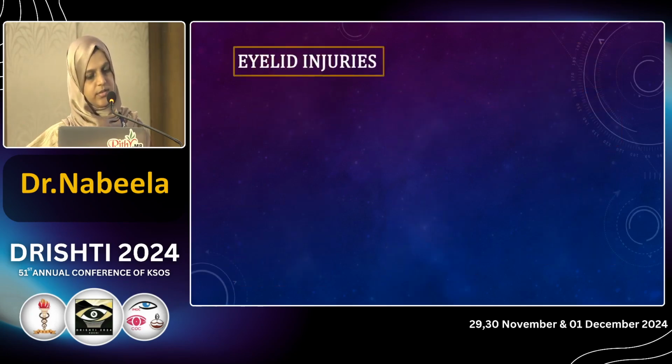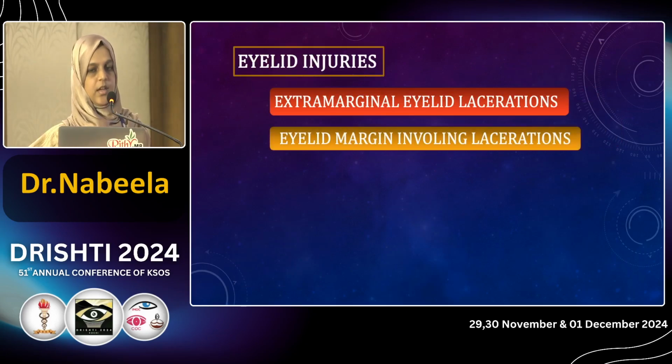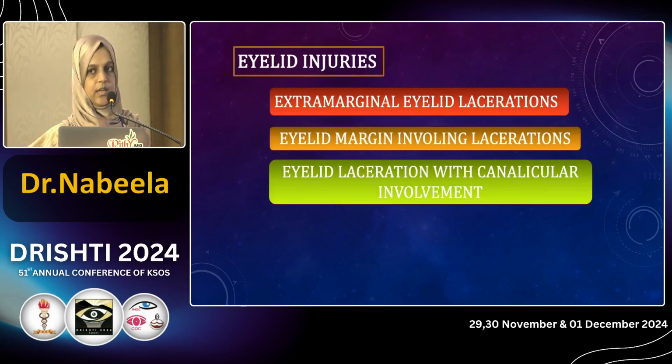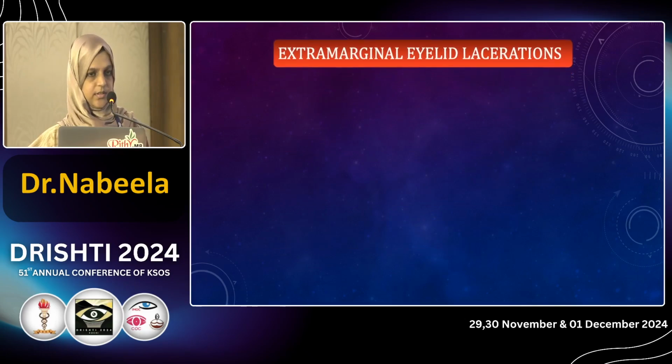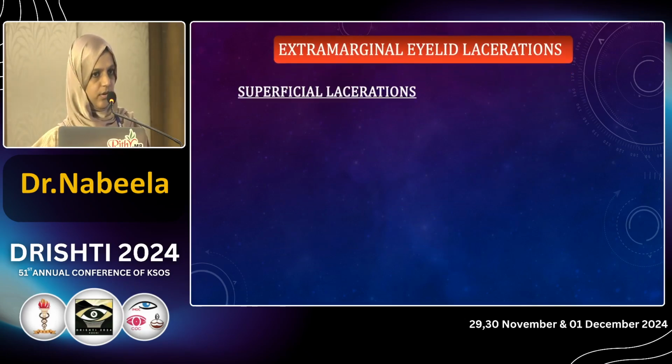Eyelid injuries can be either extramarginal, eyelid margin involving, eyelid laceration with canalicular involvement, or eyelid injuries with tissue loss. So coming to extramarginal, it can be either superficial or deep.